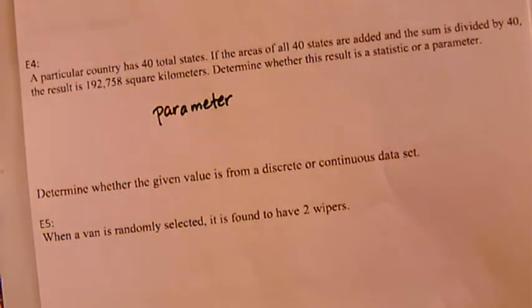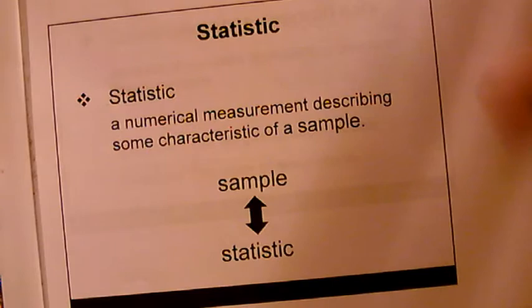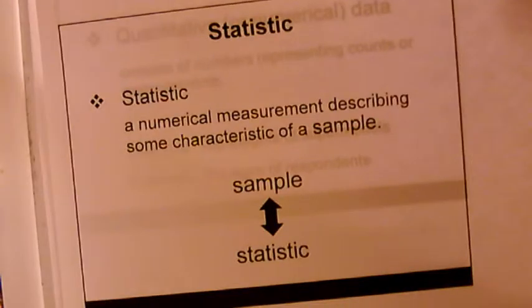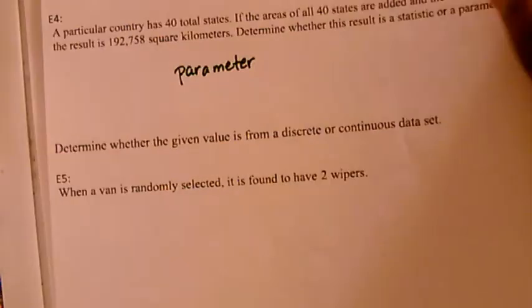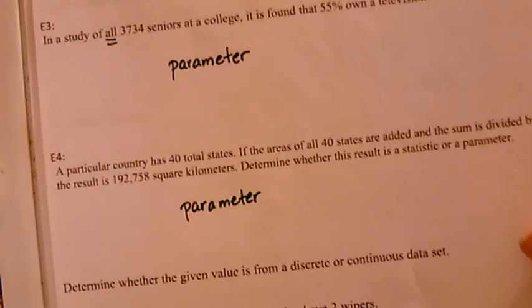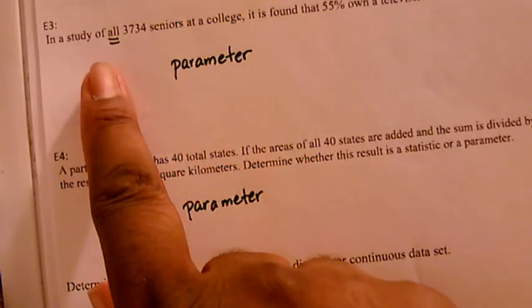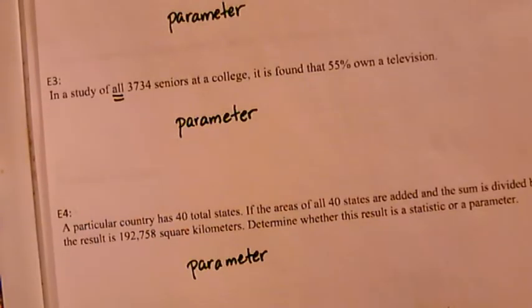Now I realized in this video I gave examples that were all parameters and not one that dealt with a statistic. But I can make one up that deals with a statistic. Anytime you see something like this, let's say a sample of 3,734 seniors at particular colleges revealed that 55% own a television.